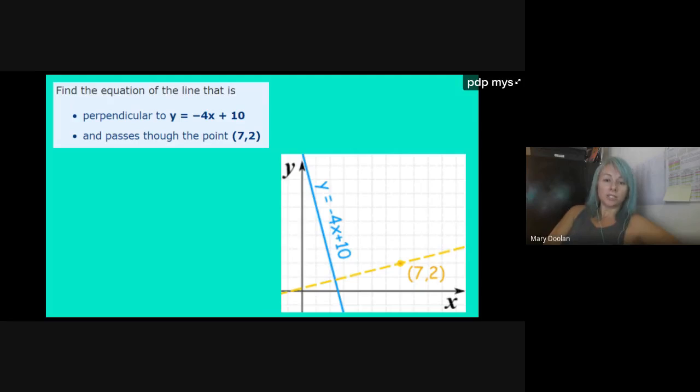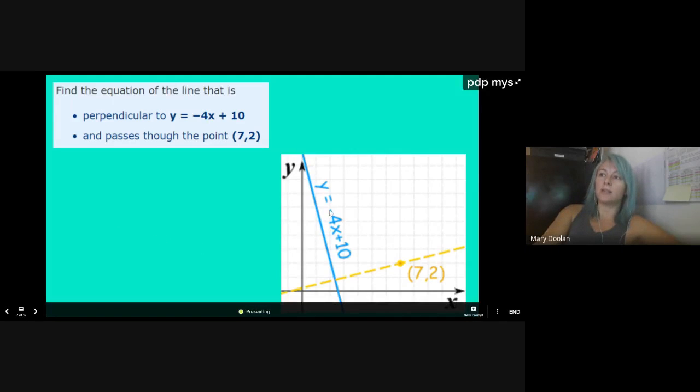If I ask just for an equation of a line that's perpendicular to a line, there's an infinite amount of choices. Because you can think about a possible line, like here is the line y equals negative 4x plus 10. So this yellow dashed line is the line that I'm looking for that passes through the point 7, 2, but if I didn't restrict it to passing through a certain point, you can think of this line essentially like sliding up the blue line or down, and there's an infinite amount of choices.